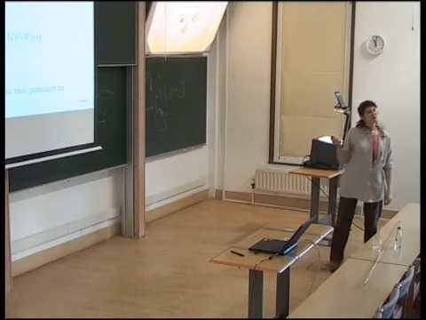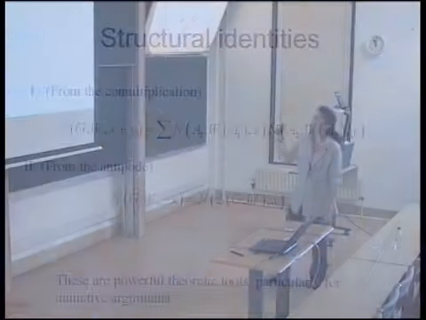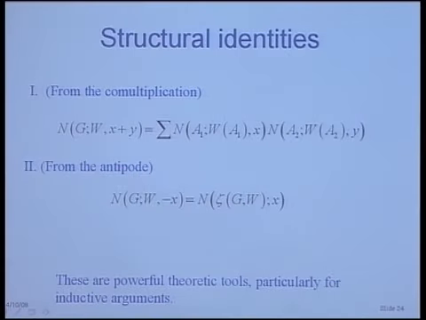What you get from that are these structural identities. From the co-multiplication, you get the structural identity that lets you break down your input into two pieces and evaluate that on subgraphs. And from the antipode, it lets you go from positive to negative to get more information.